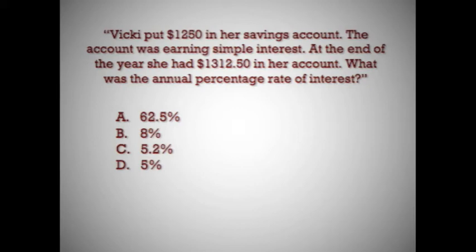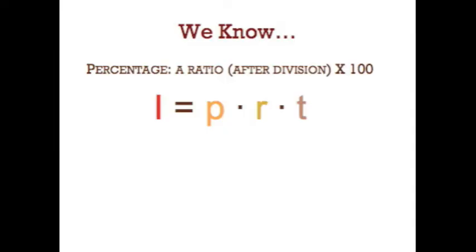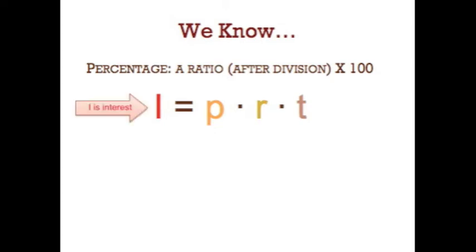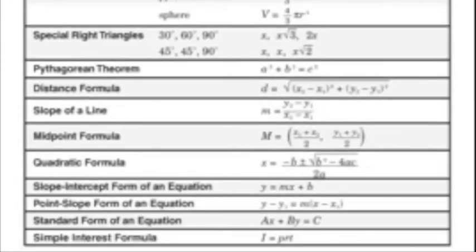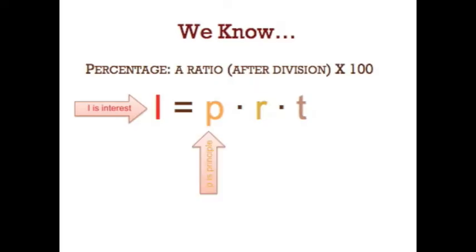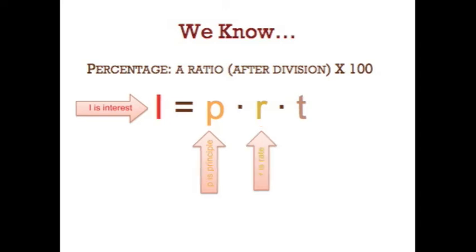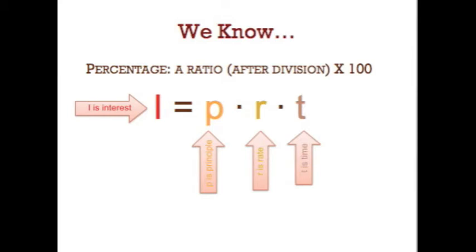By the end of the year, she had $1,312.50. From background knowledge, we know that a percentage is a ratio after division multiplied by 100. Additionally, we can look right on the math formula chart and get the simple interest formula. I equals PRT, where I is interest, P is principal or the beginning amount, R is rate or interest, and T is time, depending on how the interest is charged.